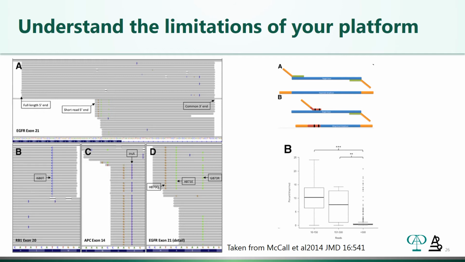If you look at the correspondence between the ability to see that versus the quality of the DNA, it turns out that in DNA that has very low quality, you see a lot more of that kind of mispriming. So here's an example of where your platform has a limitation. The assay has a limitation and the sample has a limitation that may introduce an erroneous call simply because of mispriming.